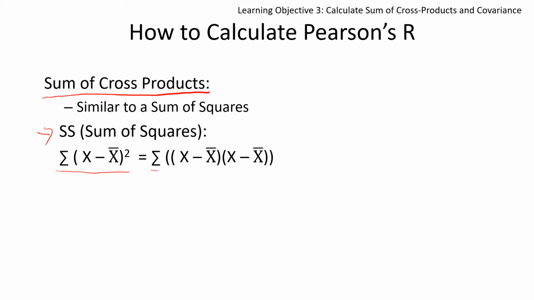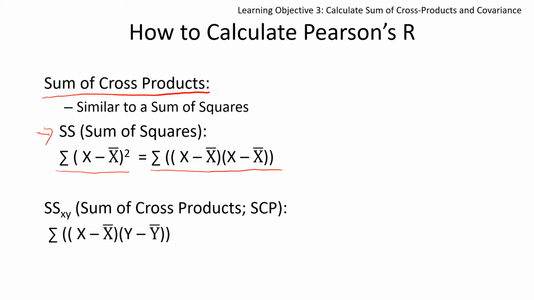Or if you wrote this out, if you extrapolated it, it would be the sum of the x minus the mean times the x minus the mean. That's where that square comes in. Well, now you're going to see something very similar with cross products. So the sum of the cross products is going to be the sum of the raw x score minus the mean times the raw y score minus the mean. So you see here, that is very similar to this, but instead of those second x's, we now have y's instead. And I will tell you right now, this is the definitional formula. There is an easier formula than this, but this is the definitional formula.